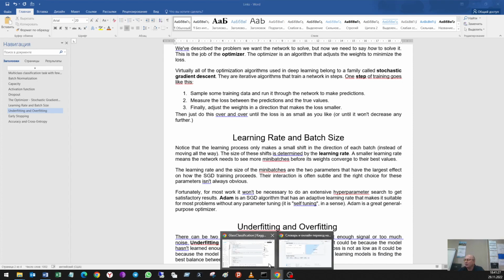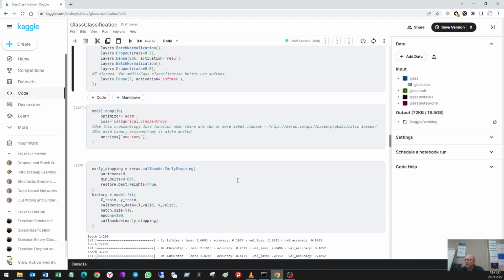So learning. I put the categorical cross entropy loss function when there are two or more label classes. Okay, I tested with this parameter, it also worked.